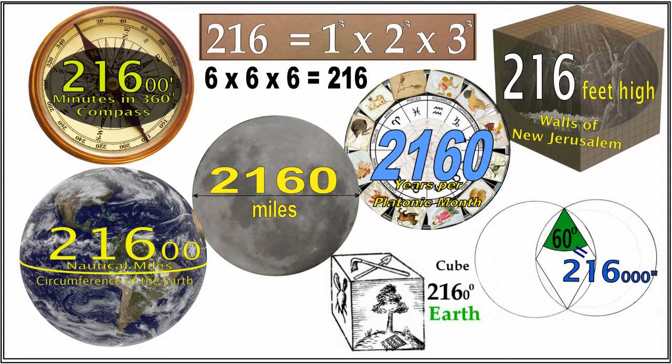Now, it's often said that 108 is a lunar number and 864 is a solar number. I would disagree with that. I would say that each of these numbers is about bringing multiple things together.